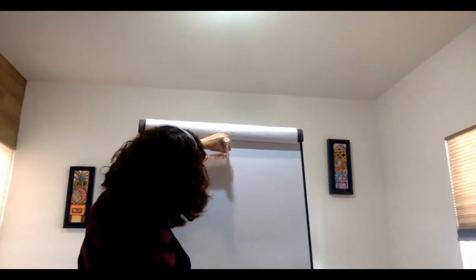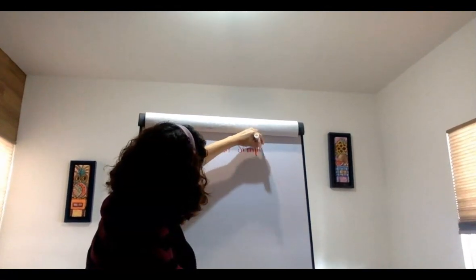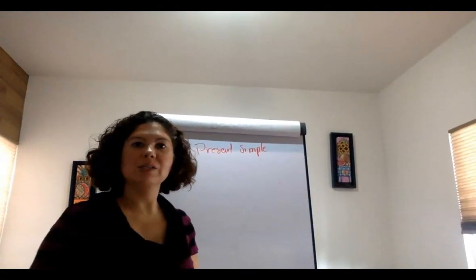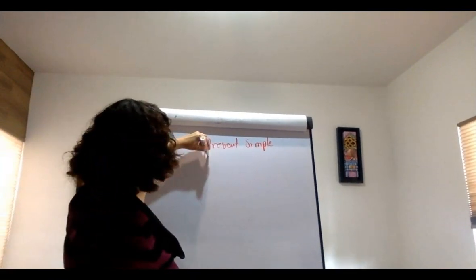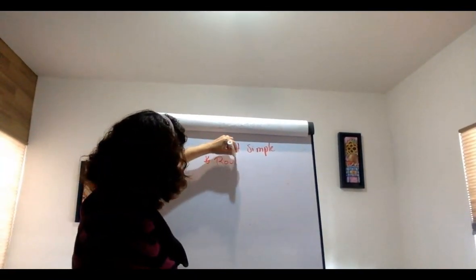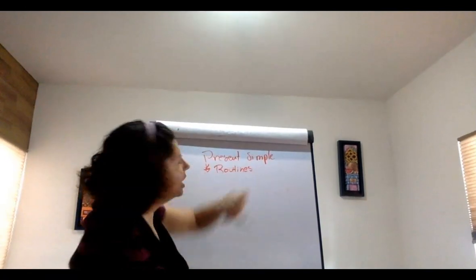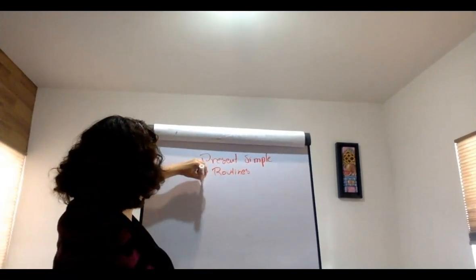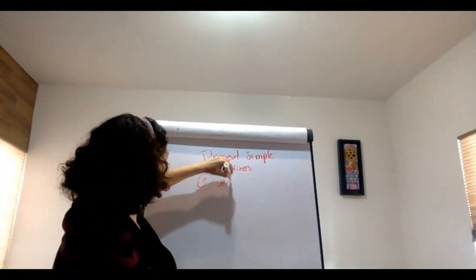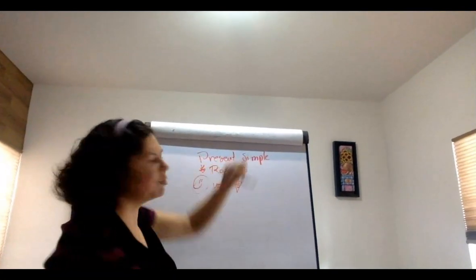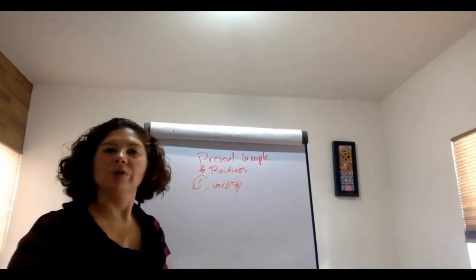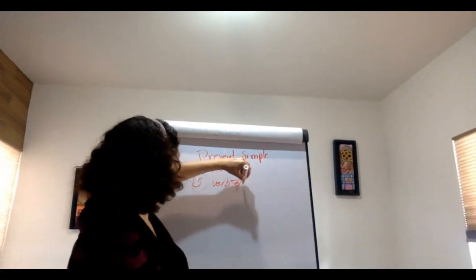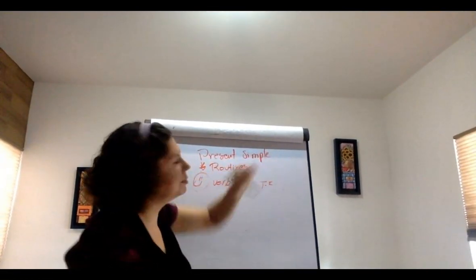Good morning, class. Today we are going to see present simple. Present simple expresses routines, okay? And we only need the subject, then the verb. The verb, remember, for he, she, and it, we're going to use an S, then the complement, and finally time expression.